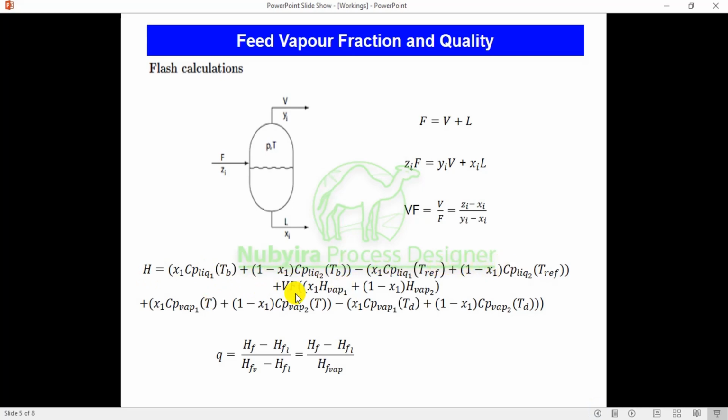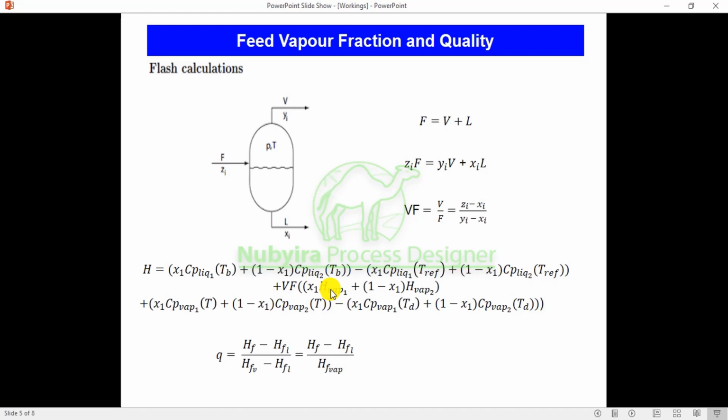Then for the other region, you need to know if the system is above the bubbling point or above the dew point. If the system is above the boiling point, you are going to need the heat of vaporization of the system, and that's why we have the vapor fraction. If the vapor fraction is 0, then you don't need the heat of vaporization, because there is no vapor in the system.